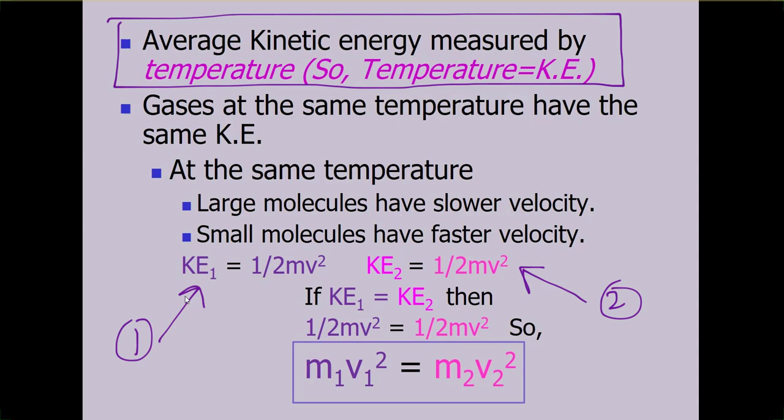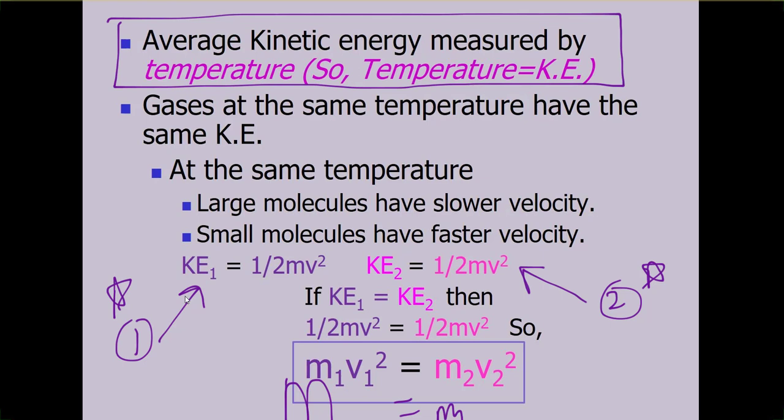So if your temperature is the same, and I have situation one, and I have situation two, and I have two different size molecules, I can see that their kinetic energies will be the same, and then I can rearrange the equations to solve this equation at the bottom. Again, I'm never going to really solve it, but I can look at the relationship. If I have a very large mass compared to a very small mass, how do we get this equation to equal each other?